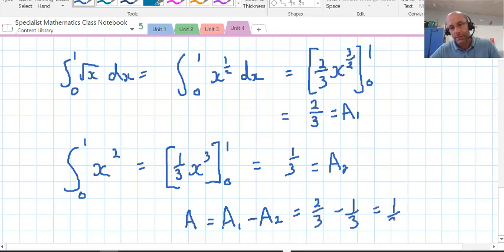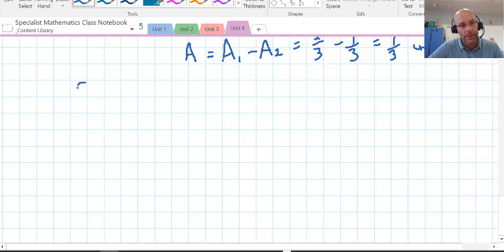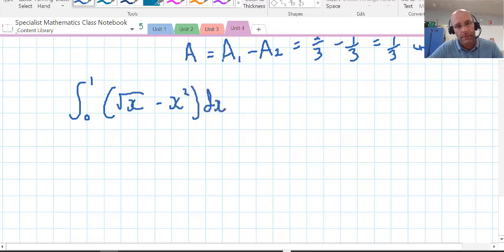So we get 1/3 units squared if we're talking physical area. That's essentially it. Or alternatively, you could look at it as nothing different: you're really just looking at it in the form of the second part of the relationship we saw at the start of the video.